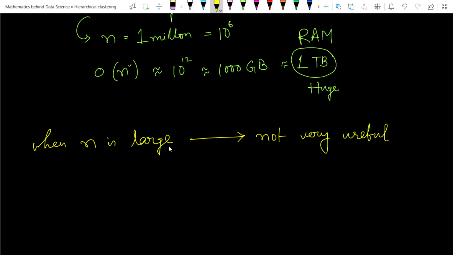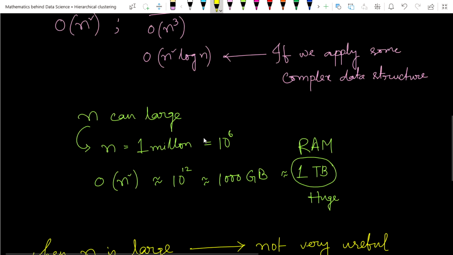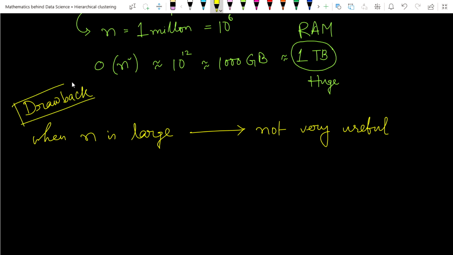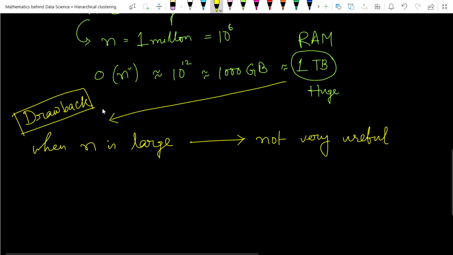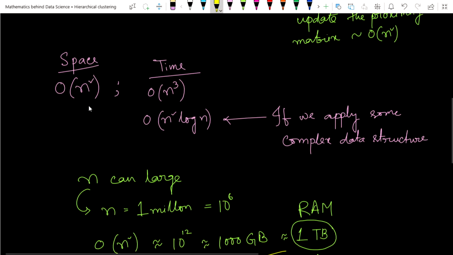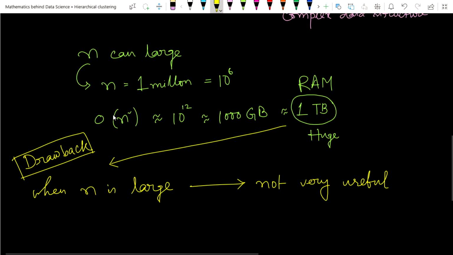In such cases it is not very useful, because this is the main drawback. I think you got the idea of what its time complexity and space complexity are, and why it is not very useful: because of the huge amount of space.